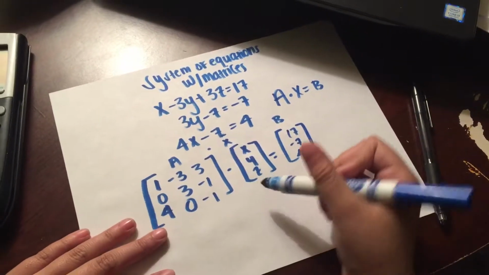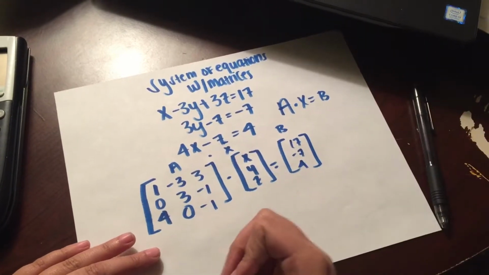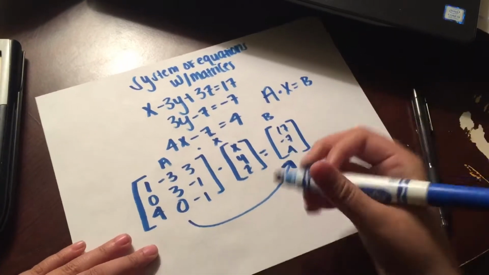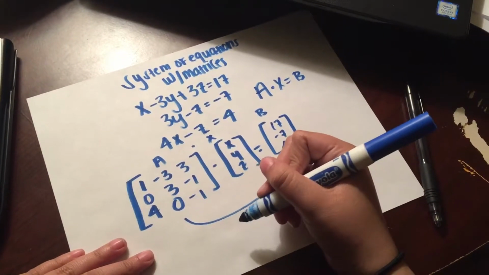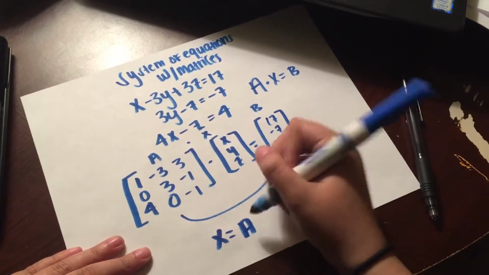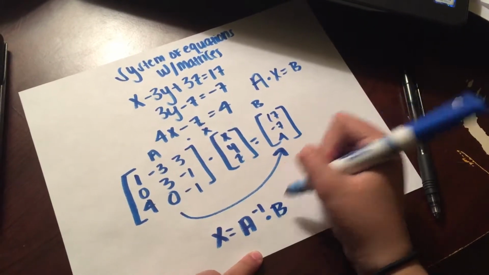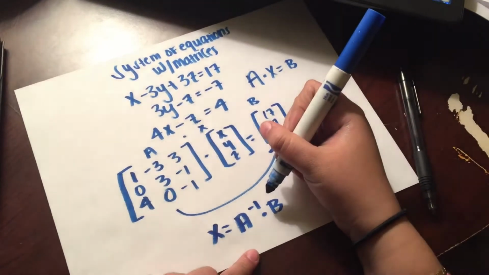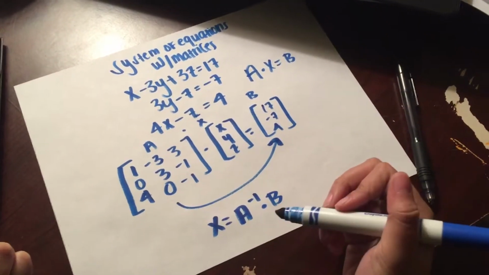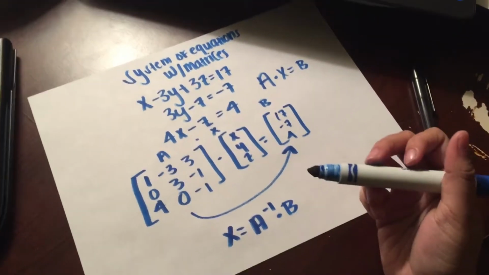Well, since you're trying to solve for x, y, and z, you have to set up the equation differently. You have to move A to the other side. So the equation is going to end up being x equals A inverse times B. And the reason why it's inverse is because the way matrix equations work is in order for it to be solvable, it has to have a determinant, meaning it has to have an inverse.